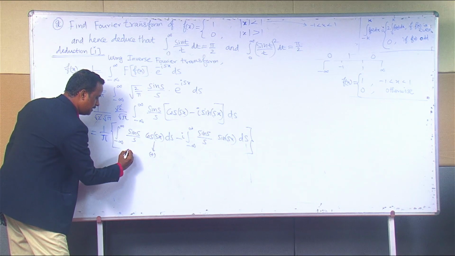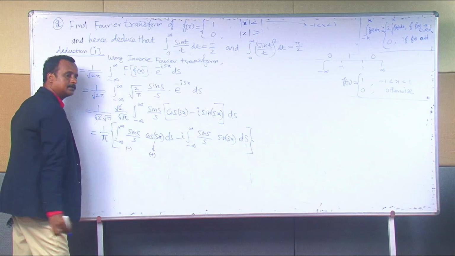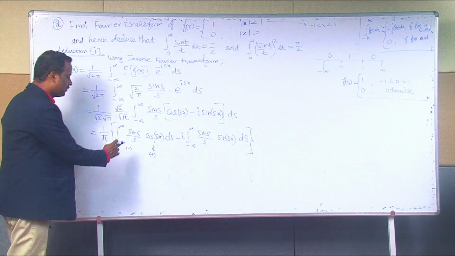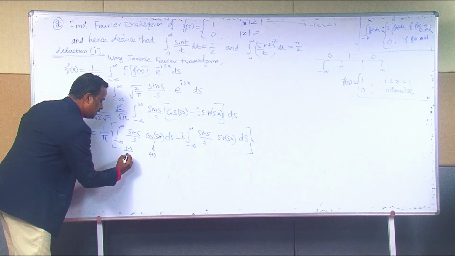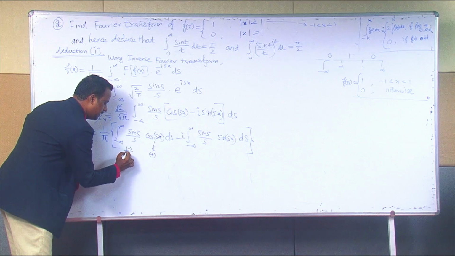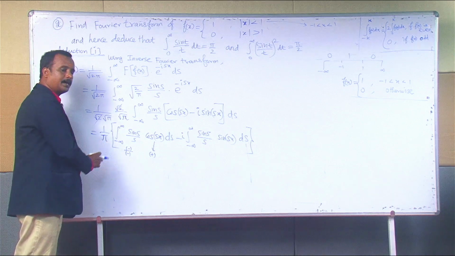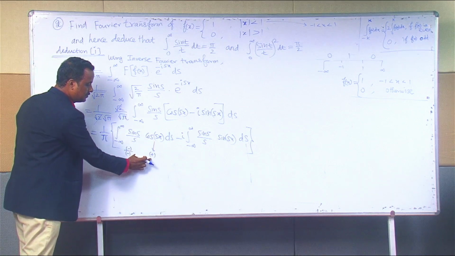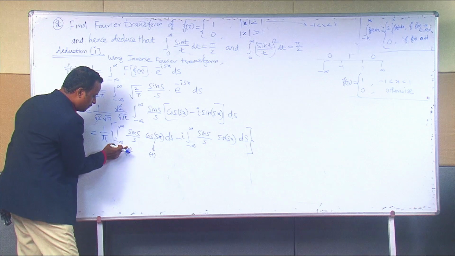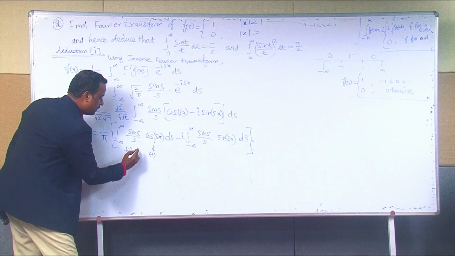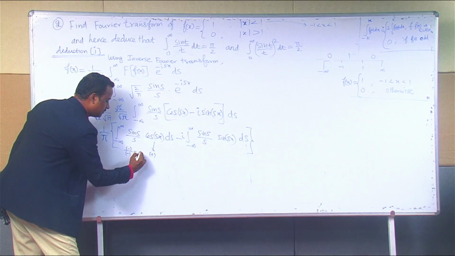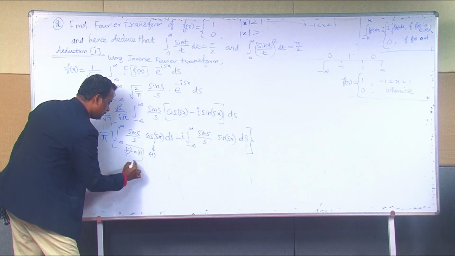Sin theta is always an odd function, so for minus, and divided by variable power 1 is an odd function. Therefore, we have to use the symbol minus. For an odd function we use the symbol minus, for an even function we use the symbol plus. So here minus into minus divided by minus becomes, cancelling, this becomes plus, this becomes plus.